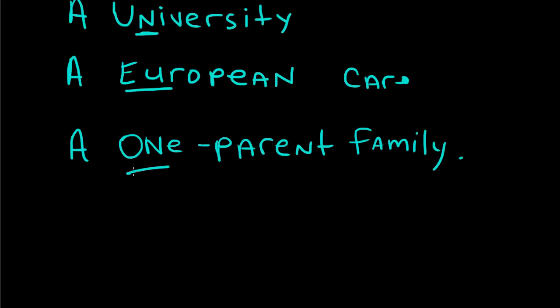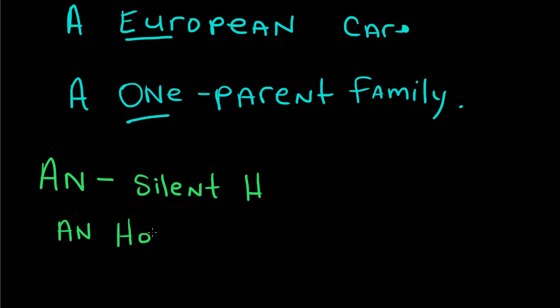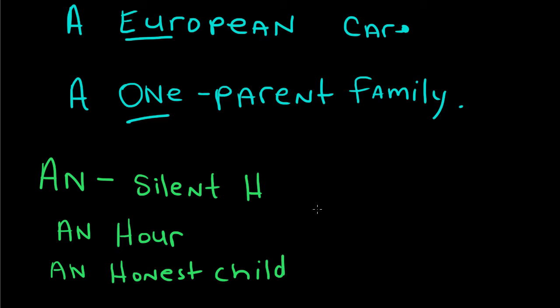So when we use an, we use it with words that start with a vowel, but we also use an with words that begin with the silent letter H. For example, an hour, an honest child, an honor.